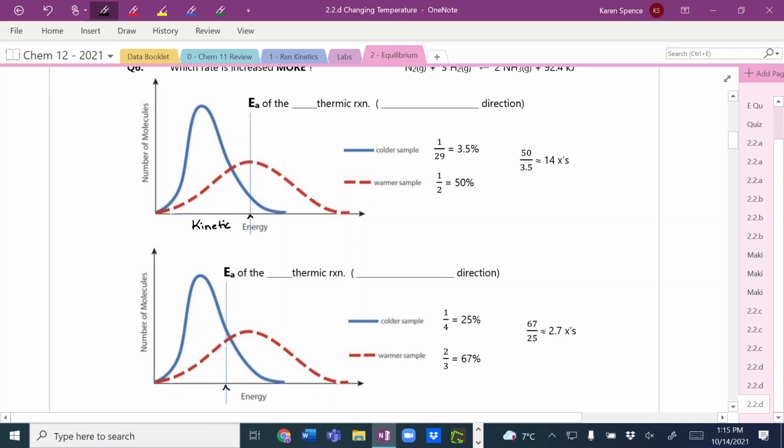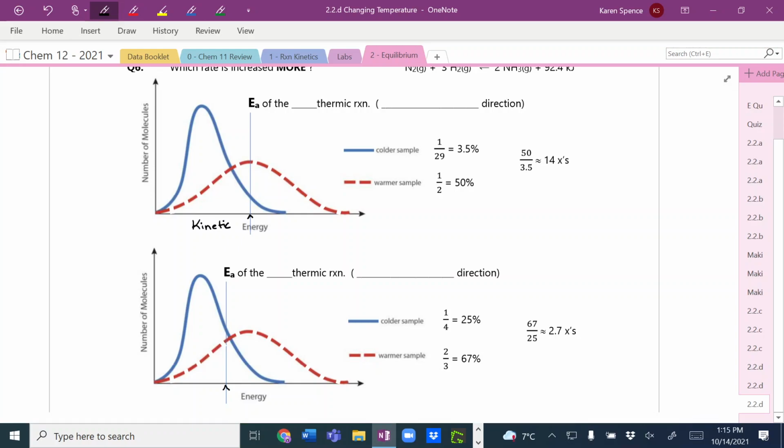Which of these is for the endothermic and which is for the exothermic? So first of all, which activation energy is higher? The one in the top diagram or the one in the bottom diagram?